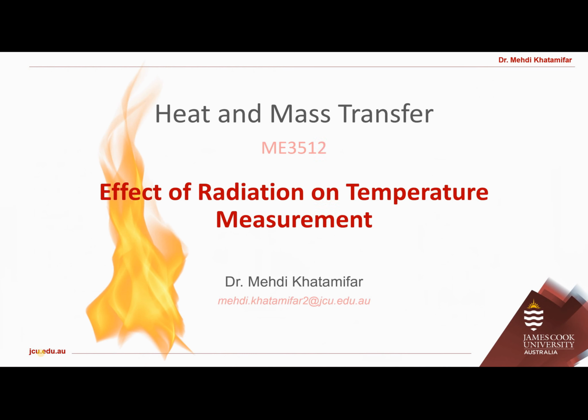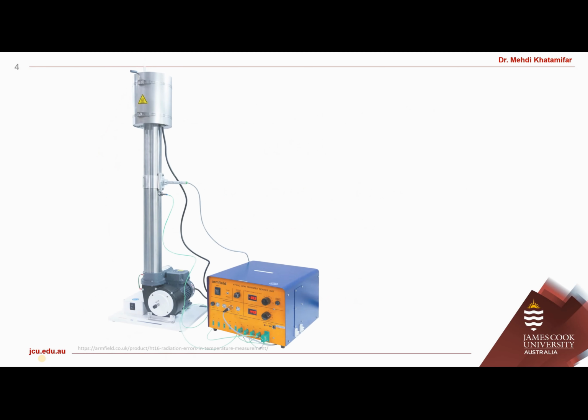For this prac, we are going to investigate the effect of radiation on temperature measurement. The apparatus we are going to use is a controlling system, as you can see here, with which we control the heater, and we can read the temperature of the thermocouples attached to different parts.